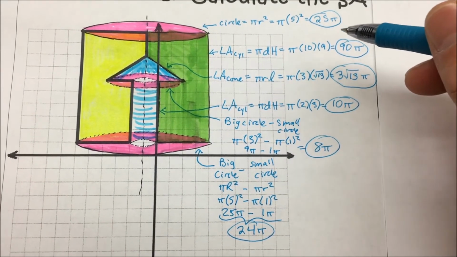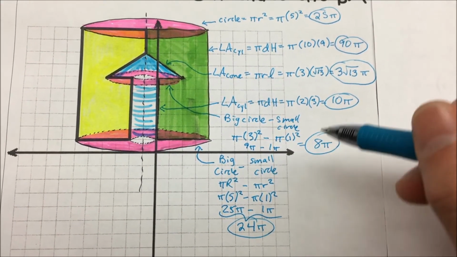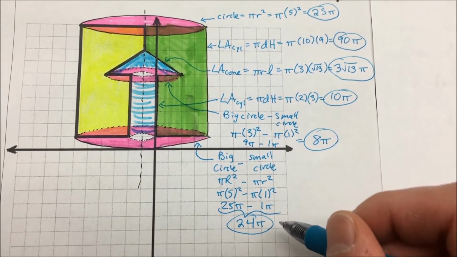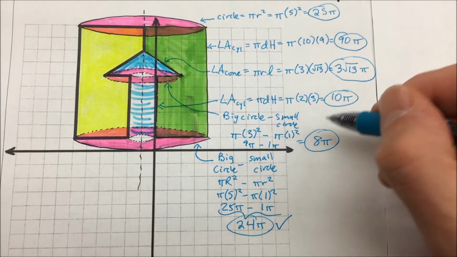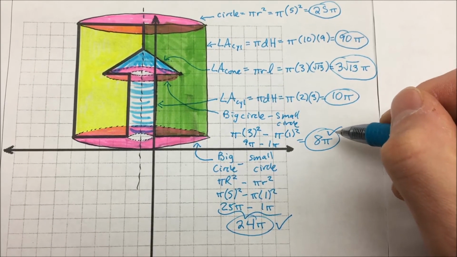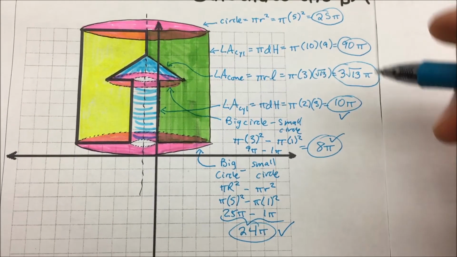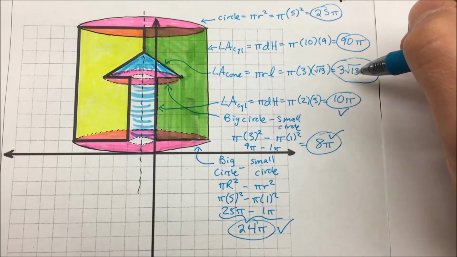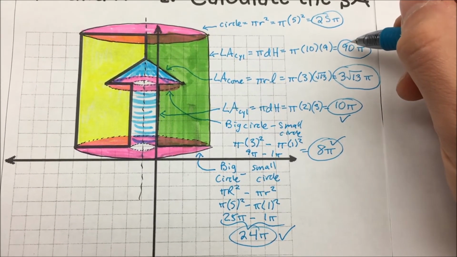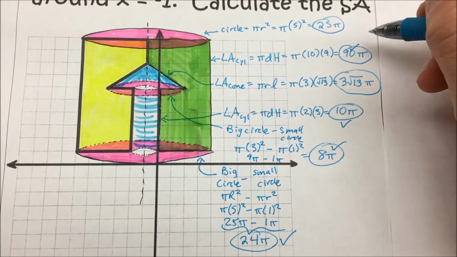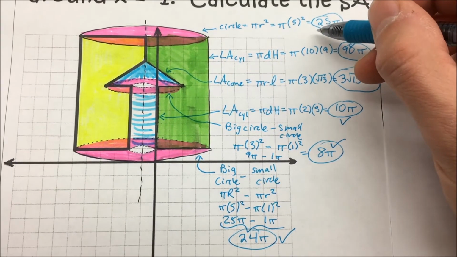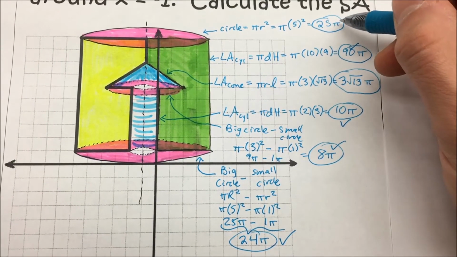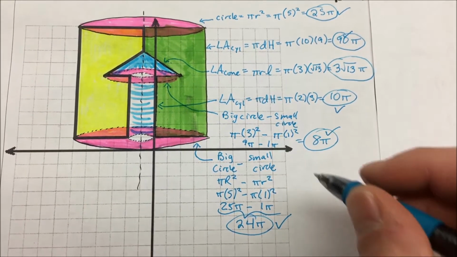So now I can come over here and start adding up all my pi terms. The pi terms that really add together would be 24 pi and 8 pi. There's 32 pi. Plus 10 more pi, there's 42 pi. This really doesn't work out too well, so we're just going to hold on to it for later. 42 plus 90 would give us 132 pi, and then 132 pi plus 25 pi is 157 pi.